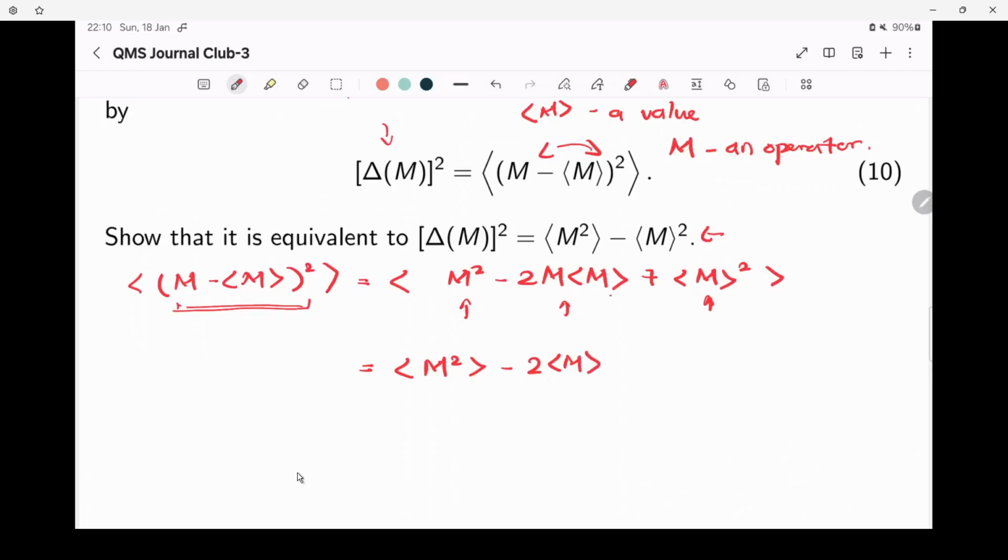Because this is a value, 2 is also a value, so you can pull it out and you get the expected value of m. And then the expected value of m squared is also a value. The expected value of 1 is just 1, so you don't need to write it down. So then you have something like this.